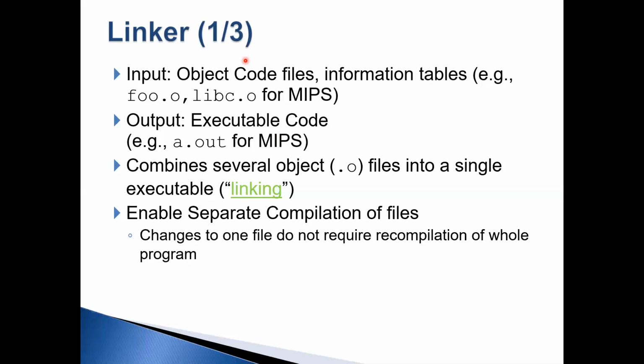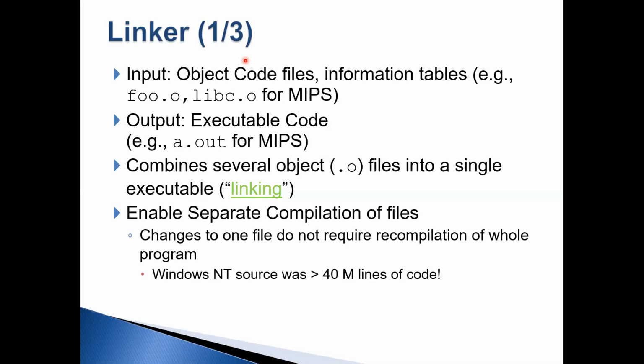So linking is a lot faster than recompiling. It doesn't make sense to recompile all 20 files when we only need to update one file, because compilation takes the longest time, as it translates from C to S, assembly language, and then to O. So it's a long process.